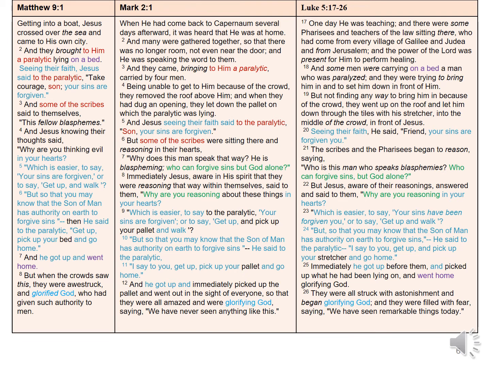If something is in purple, that means that we find that particular wording in Matthew and Luke only. And if something is in green, that means that it is found only in Mark and Luke. And finally, if something is in blue, that means that we have similarities between Matthew, Mark, and Luke, all three.